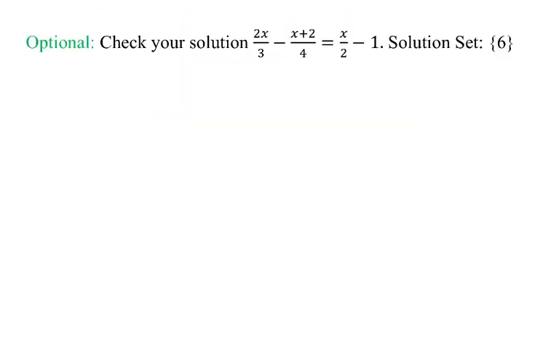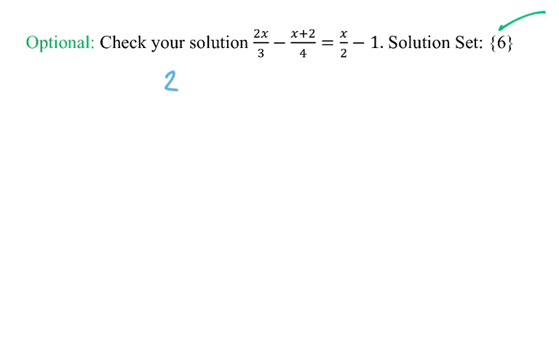Before we leave, this is always optional, but it sometimes is a good idea to check whether the solution is correct. This is the equation the way it was originally written, and as you can see, I've highlighted that our solution set contains the number 6. We could substitute 6 for all the values of x in here and see if this does simplify correctly.